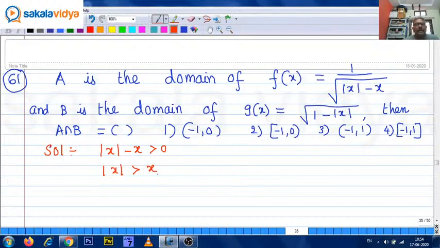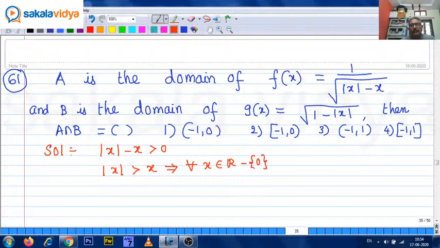So mod x is always greater than x, if you take any value. Mod x means, for every x, you can write x belongs to R minus 0.